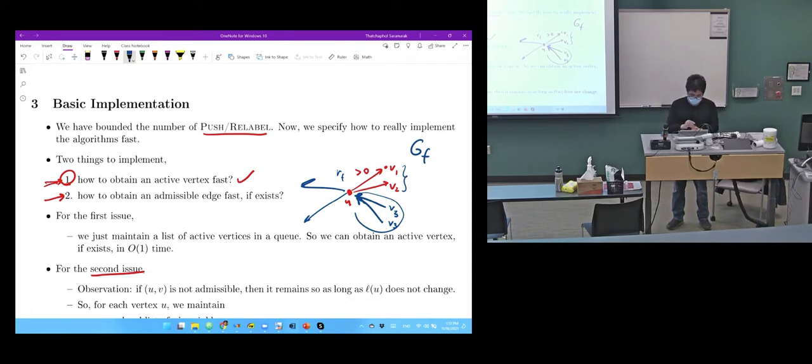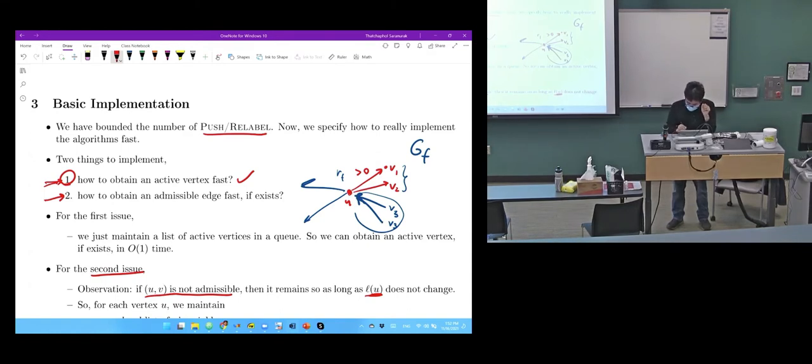Note this: when some edge is not admissible, it will not become admissible again as long as you don't relabel U. Why is that?